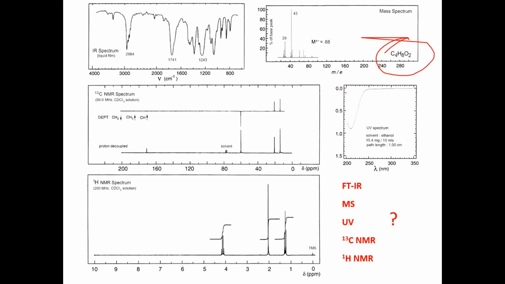But look at IR, for instance, and at mass spec. What does the IR and mass spec tell you immediately? There's a double bond, which is called a carbonyl.